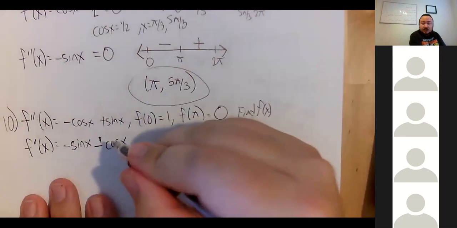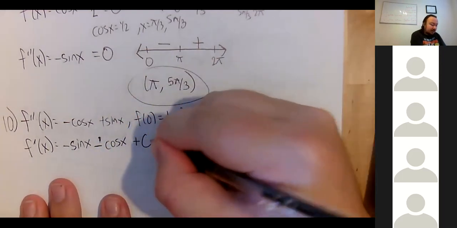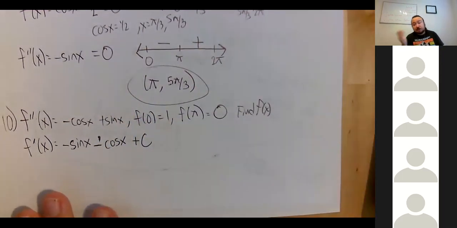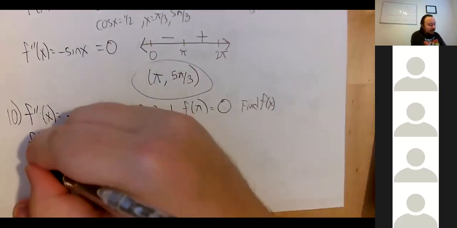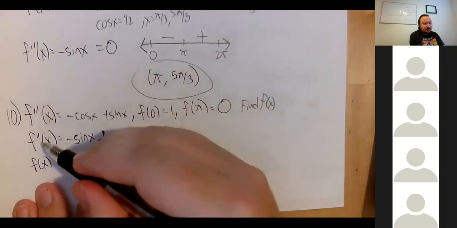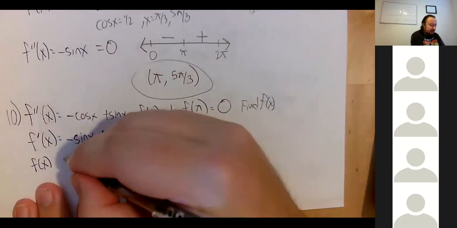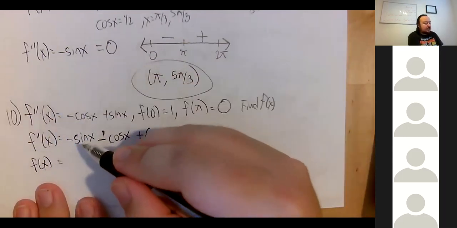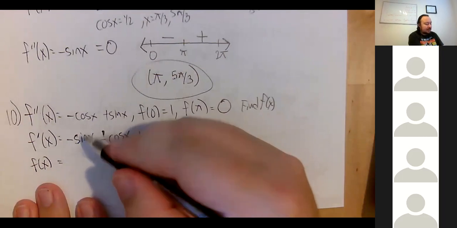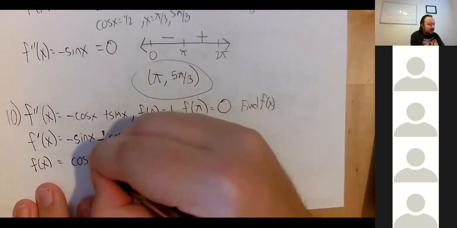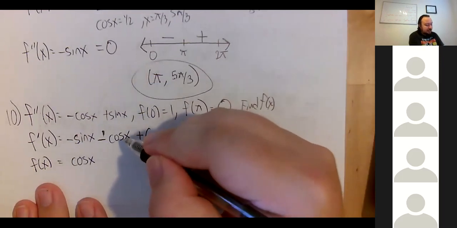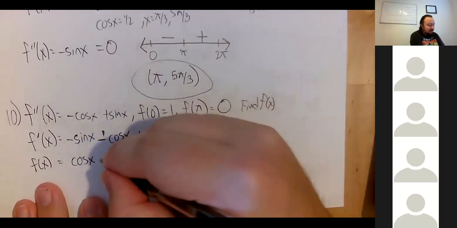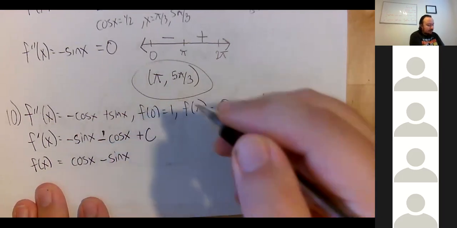Then since we've done an antiderivative, we obtain a constant, C. We don't know the value of that constant. It could be anything. Now we do another antiderivative to undo the final derivative. Sine does change its sign, so now we end up with positive cosine, and cosine does not change its sign, so we have negative sine.